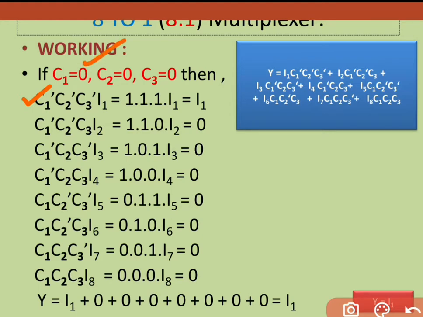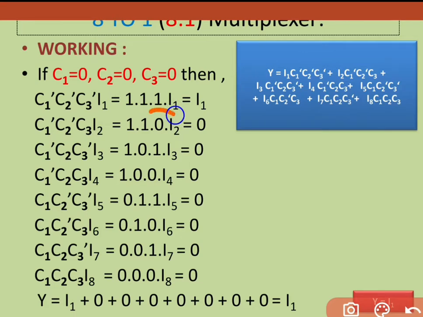What will happen? 0 becomes 1. When we are providing 0 to C2 dash, it becomes 1. Means opposite of 0 is 1 only. Then again C3 dash, C3 value is 0. That's why it becomes 1. And we are getting I1 as output because everything multiplied with 1 is the same input.